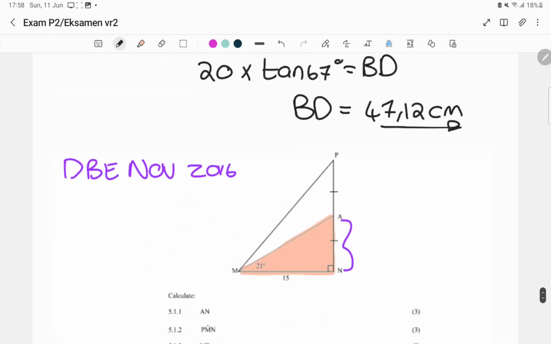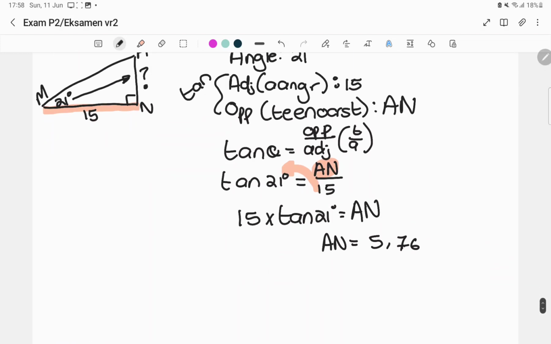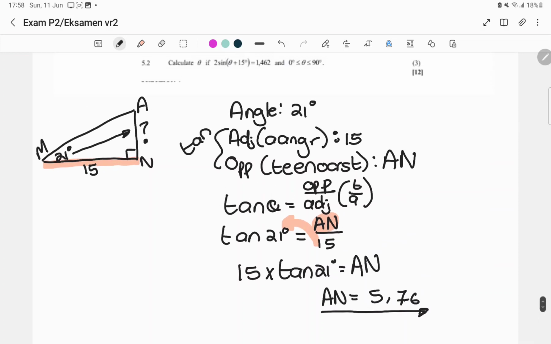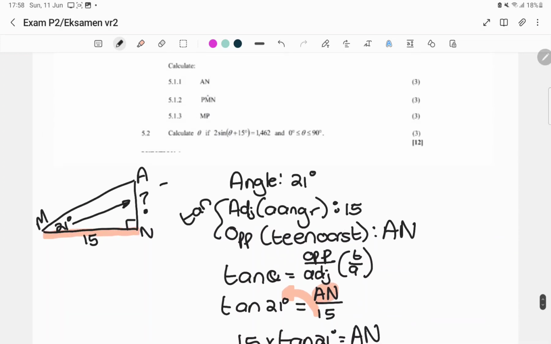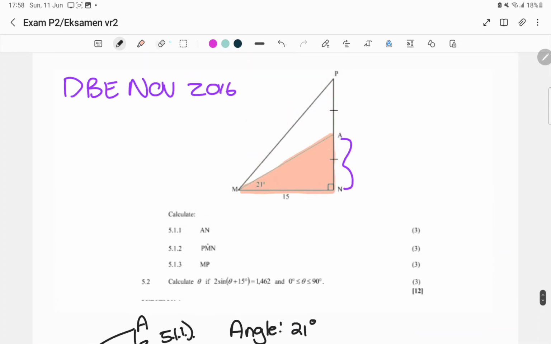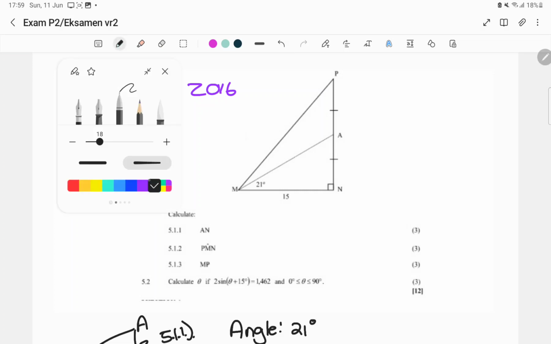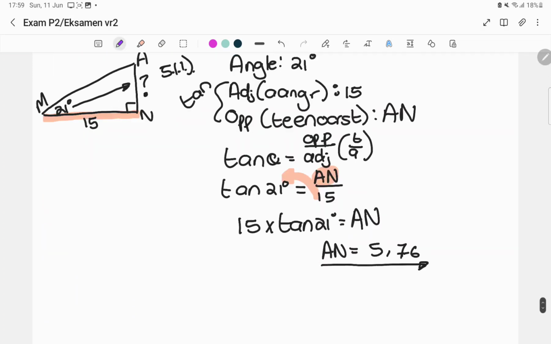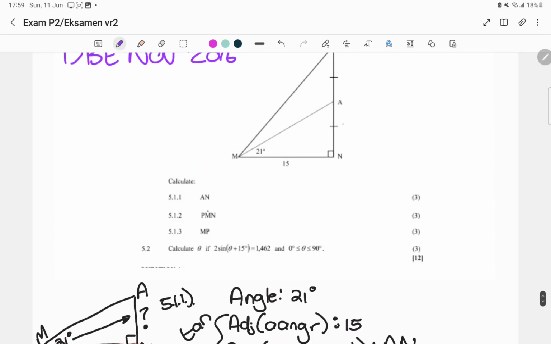Did they give me any units? No, they didn't. So AN is 5.76. This is question 5.1.1. Now I go back to my sketch and whatever I worked out, I put in, so that I remember it for future reference.